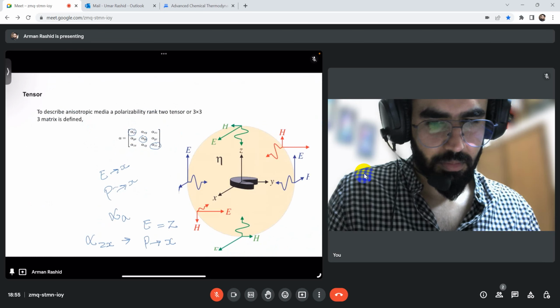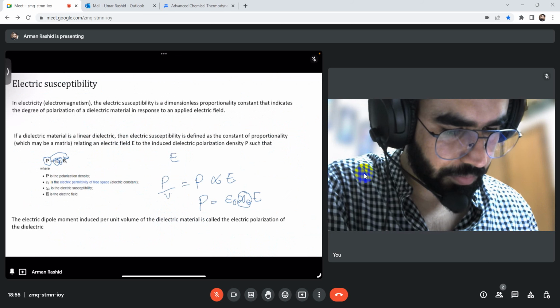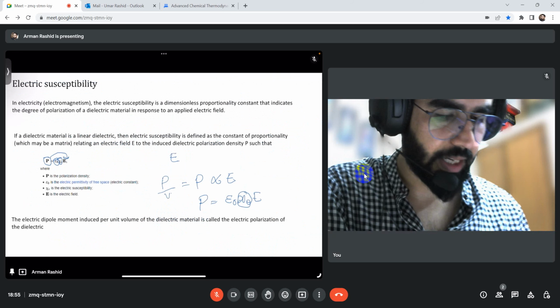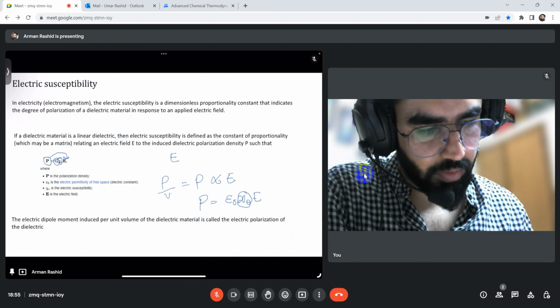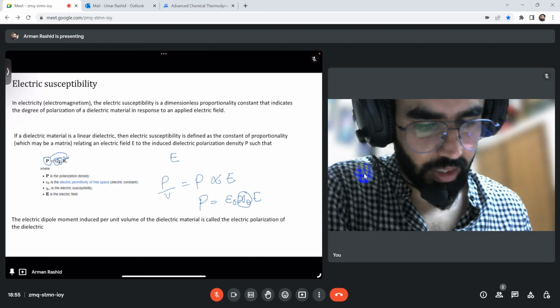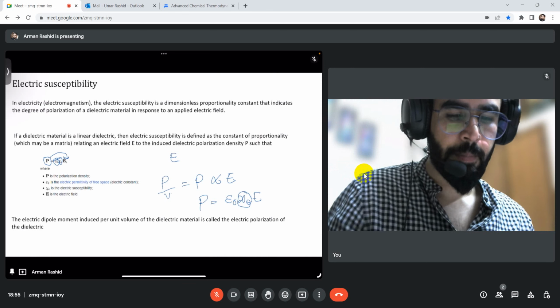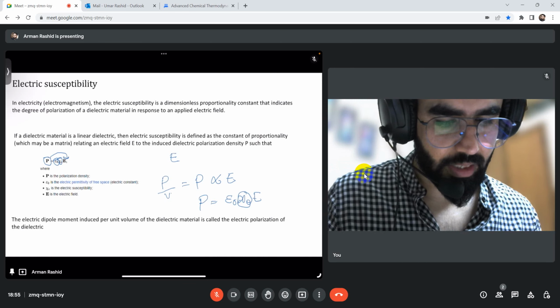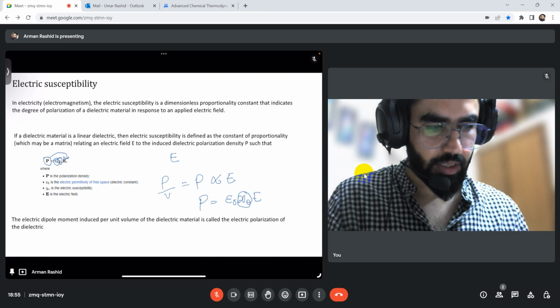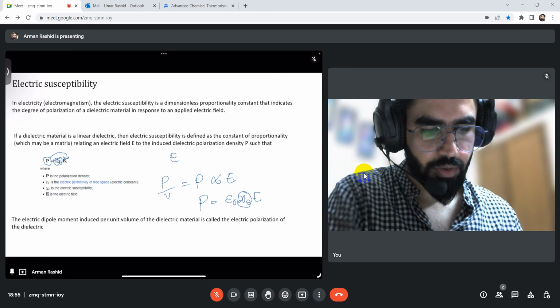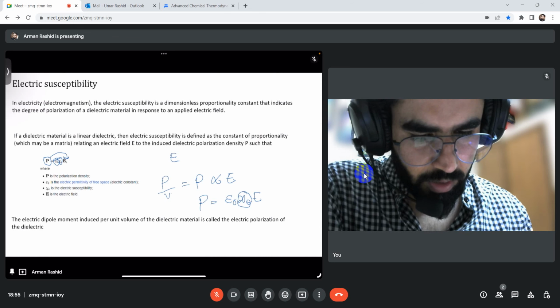Now what will happen is that if you have a material that consists of a lot of molecules, every individual molecule will have a different local electrical field. If we consider that the individual local electrical field is the same as the bulk electrical field, then we have this equation, alpha epsilon 0 E local.